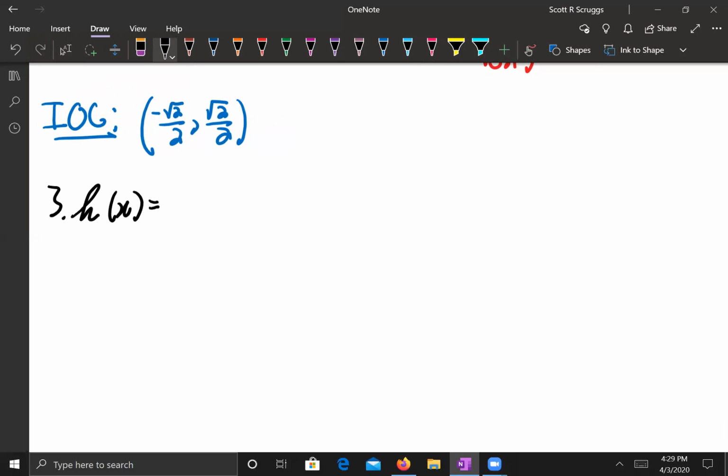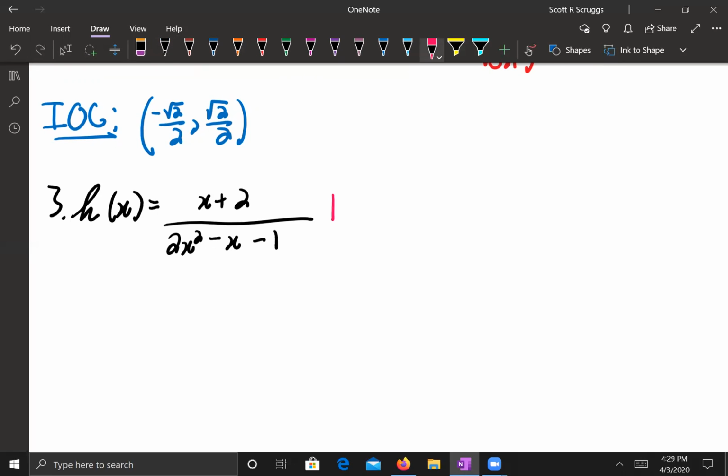So let's now say our h of x is the following: 2x squared minus x minus 1. What I want y'all to try to do is make a power series representation of that and find the radius of convergence and the interval of convergence.